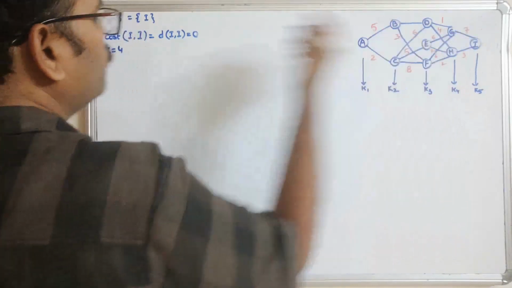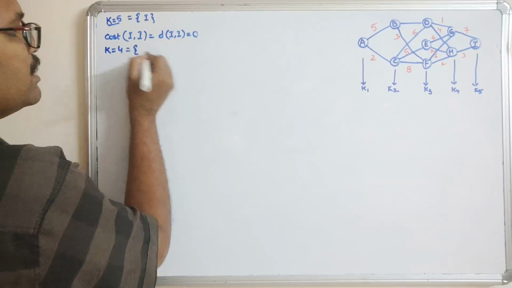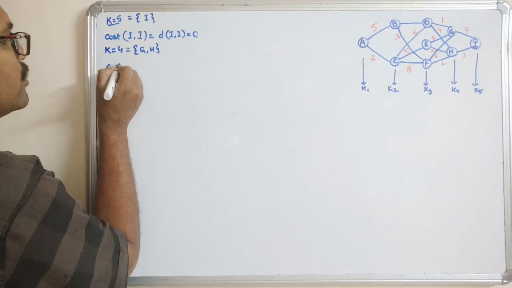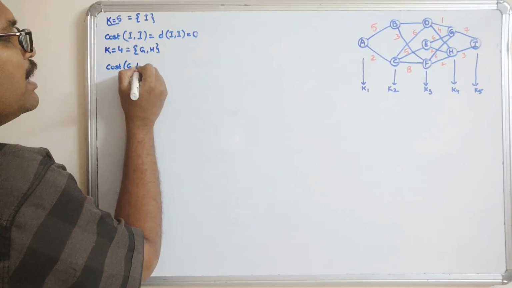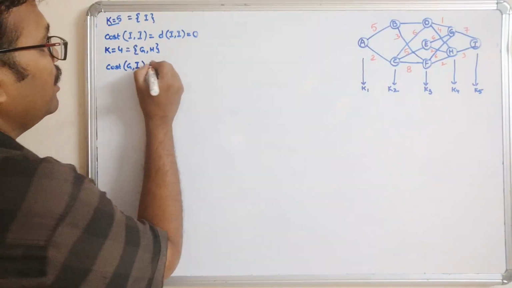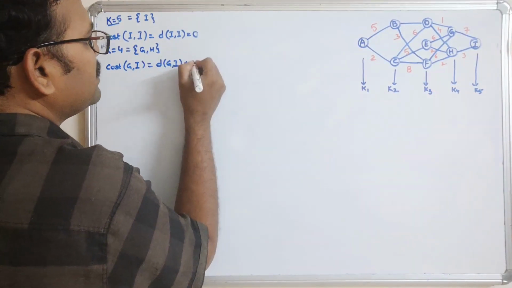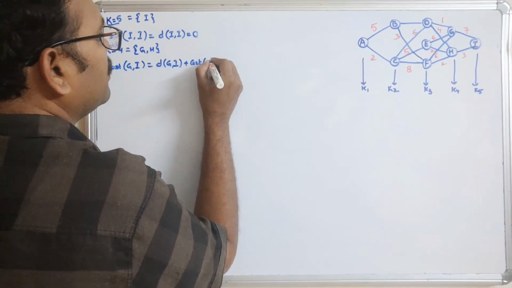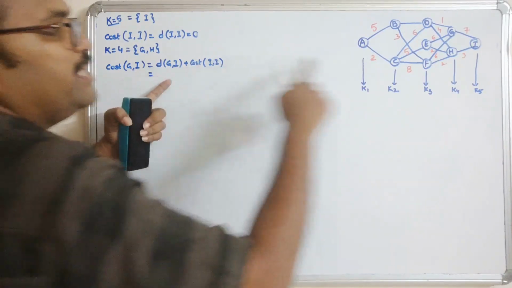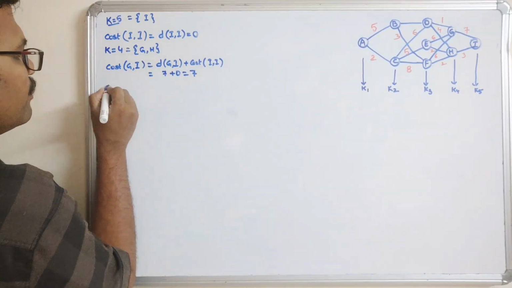In stage 4 we have 2 vertices, G and H. We need to find the cost of G to I, which gives the distance of G comma I plus cost of I and I. The distance of G and I is 7, plus 0, which is equal to 7.